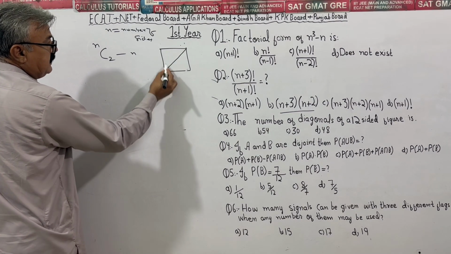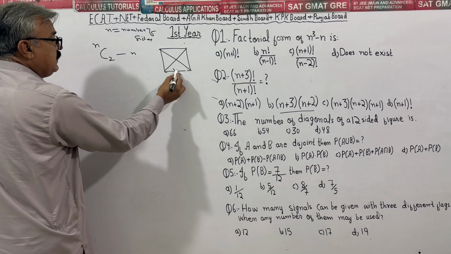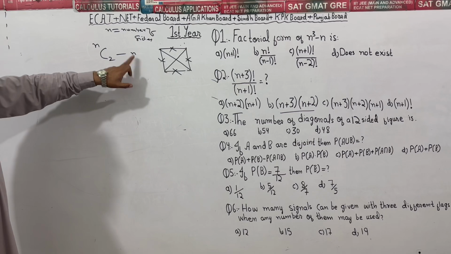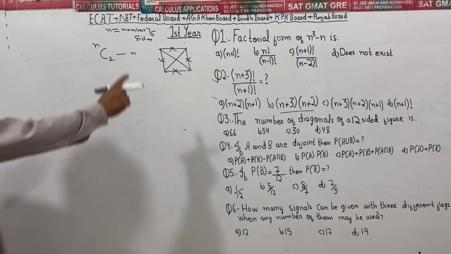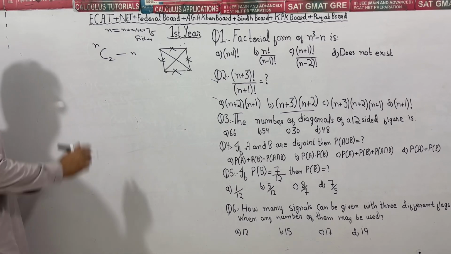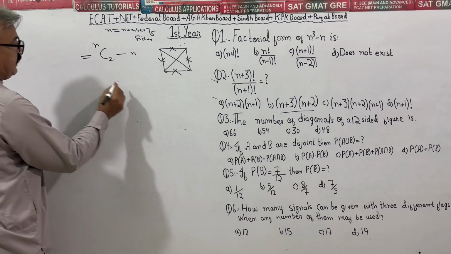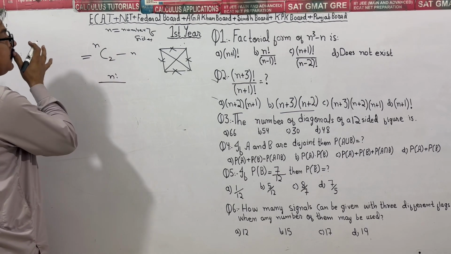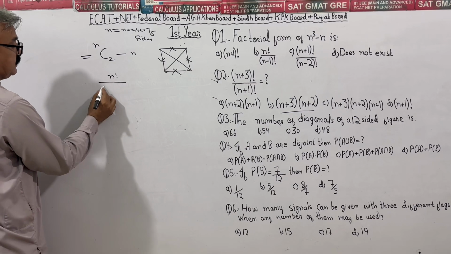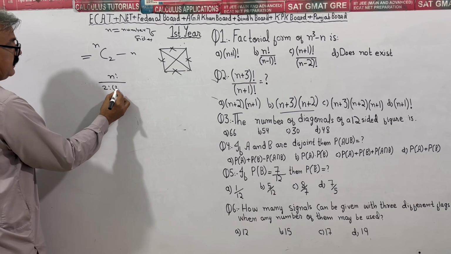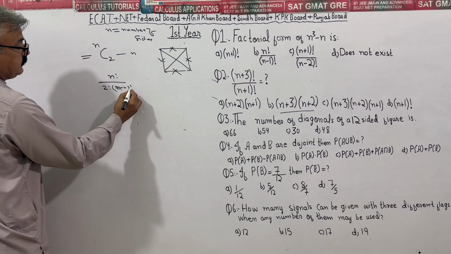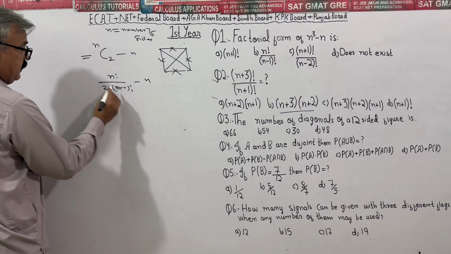This is a diagonal and this one is also a diagonal. These original sides cannot be the diagonals. That's why we have excluded this n. Some writers in quantitative mathematics, instead of giving you the complete background, write the direct notation: n factorial over 2 factorial times (n minus 2) factorial, minus n.